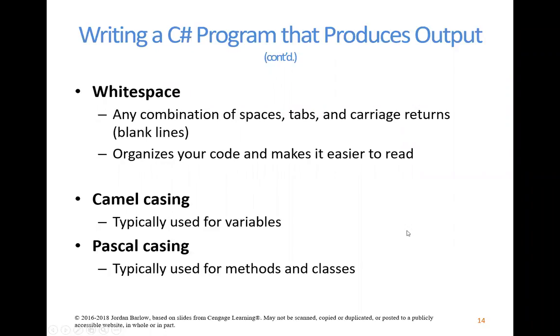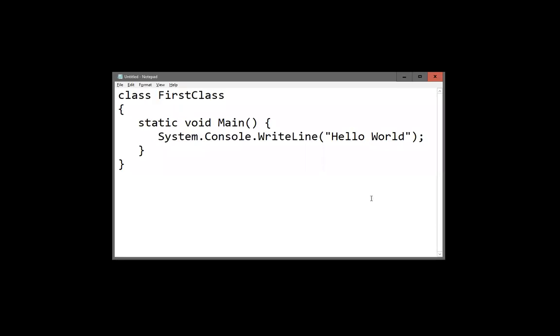Okay, casing. Camel casing is typically used for variables, and we're going to be talking about variables in Chapter 2. Camel casing is when you squish words together into one word, and you don't capitalize the first word, but you capitalize all the other words. Okay? So we haven't used any camel casing in our first program, in our Hello World program, but I'll just down here show you.